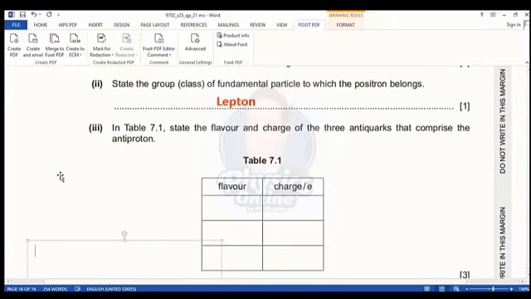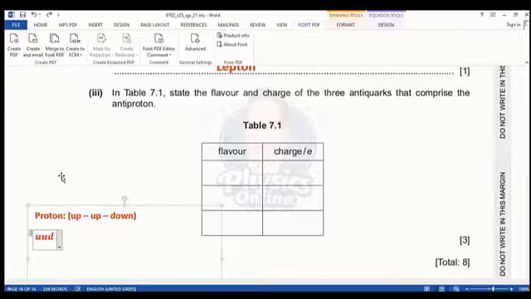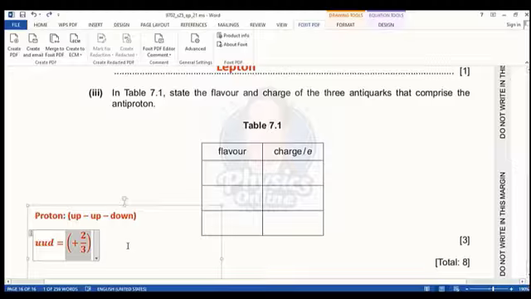In table 7.1, state the flavor and the charge of the 3 antiquarks that comprise an antiproton. Let's check first what the proton is made of. The proton is made up of an up quark, another up quark, and a down quark: U, U, D. The charges of them: for the up quark, the charge is positive 2/3.